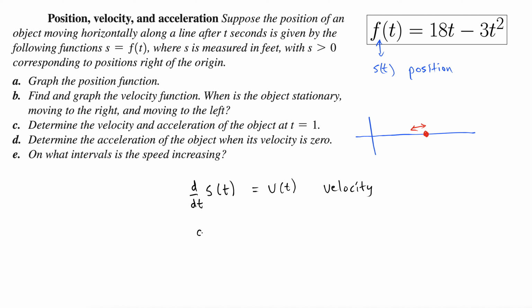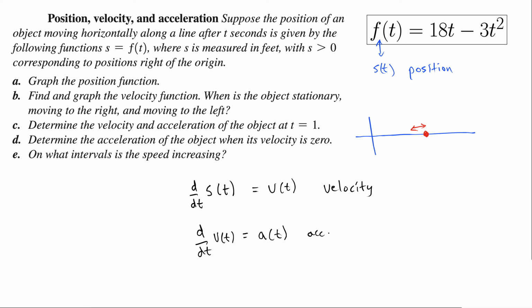And then you can take the derivative of velocity, so d by dt of v of t, and you get a of t, acceleration. So that's the essence of what we need to know to move forward with this example.